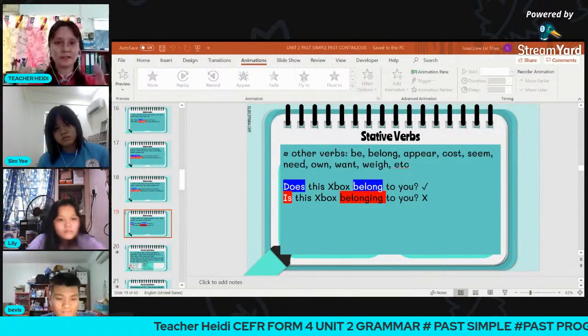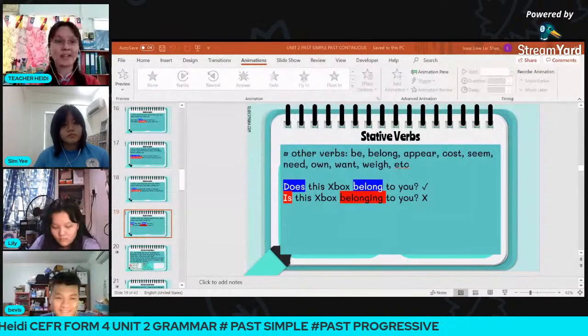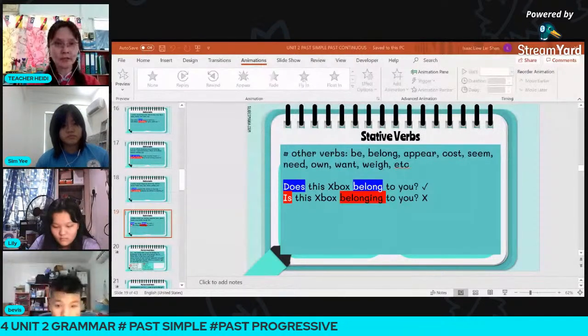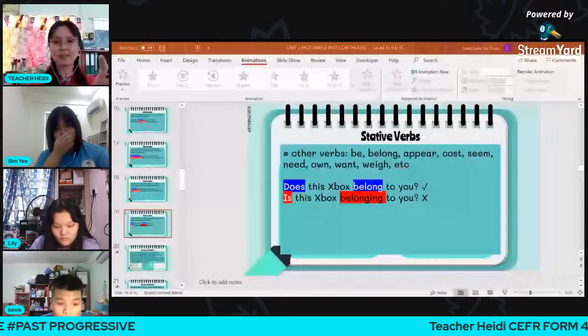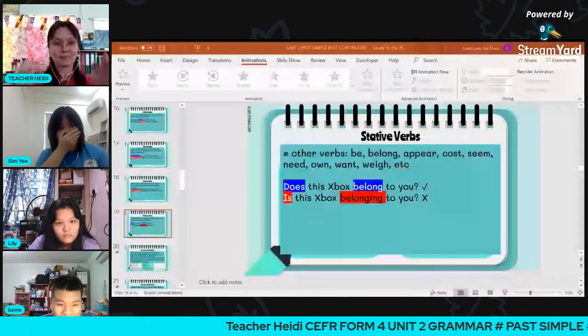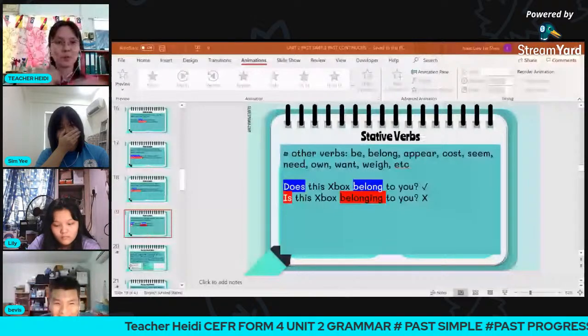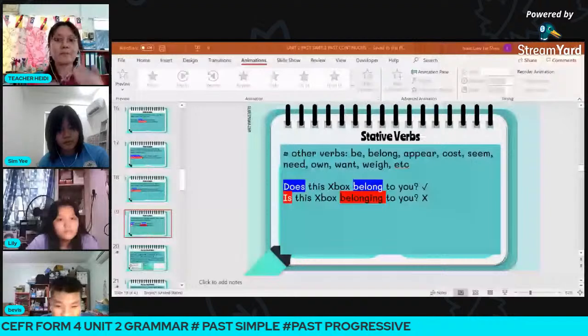Did you get this question from revision unit 1 and unit 2? Just now the one that teacher was focusing on is the past. This one is the simple present and present continuous. But I want to let you see which one is not something in progress.